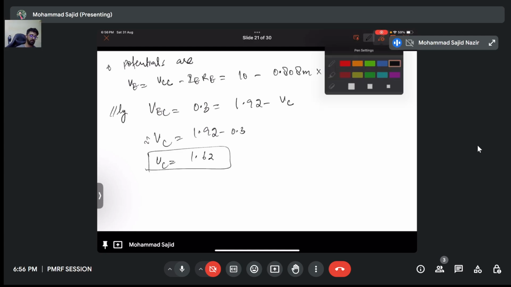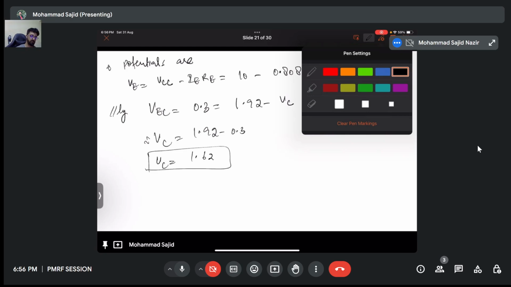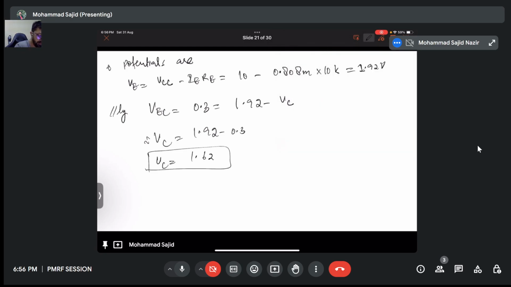Now, if I draw again the references, this is my VCC of 10 volt and this is my ground plane of 0 volt.